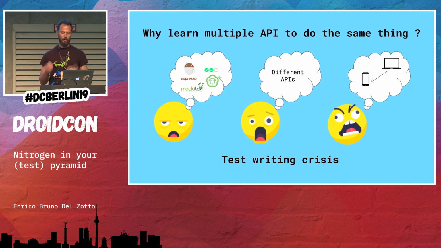We find a lot of frameworks with different APIs, and you don't know where to deploy your tests. The unit tests you deploy on your laptop, the integration and Espresso tests on devices. But why write more or less the same things at different levels and deploy them on different kinds of hardware or platforms?